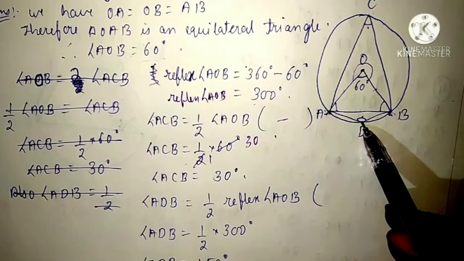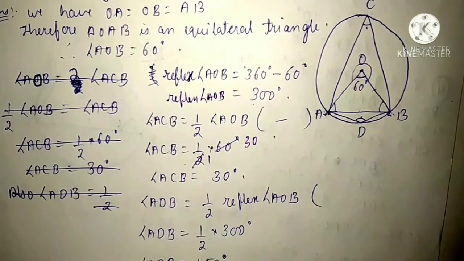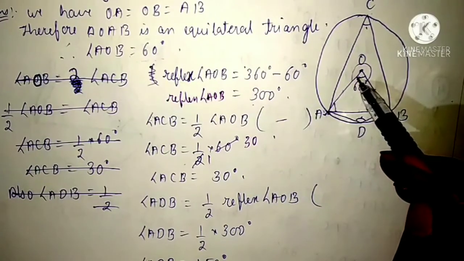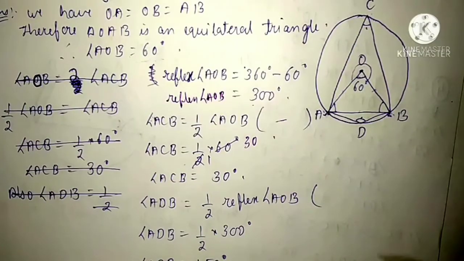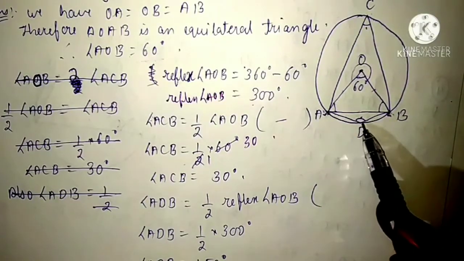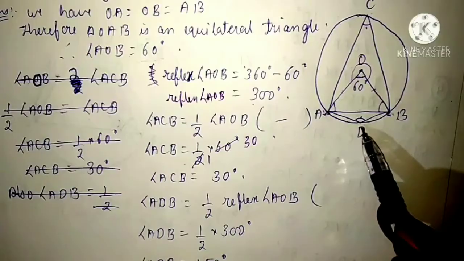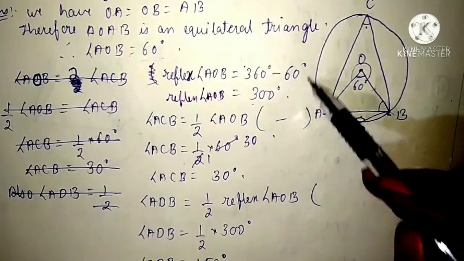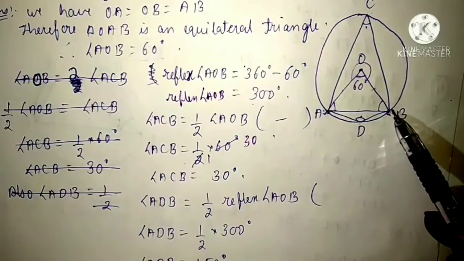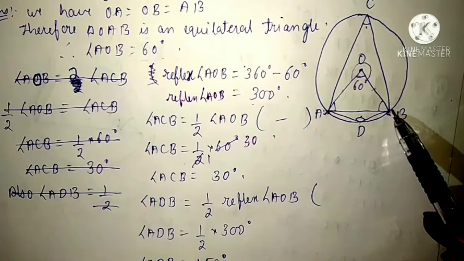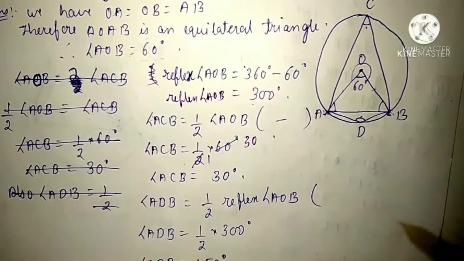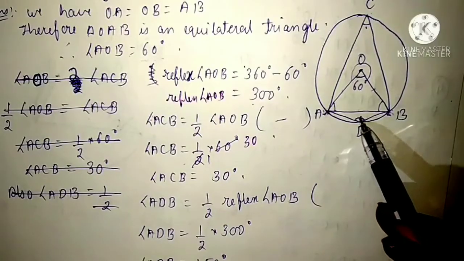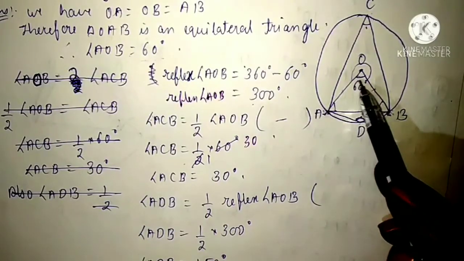So the angle formed at the center is this one, and the angle formed at any other part is this one. Now since this is a major arc, we will take the reflex angle. We know that this angle will be half of the angle formed at the center.